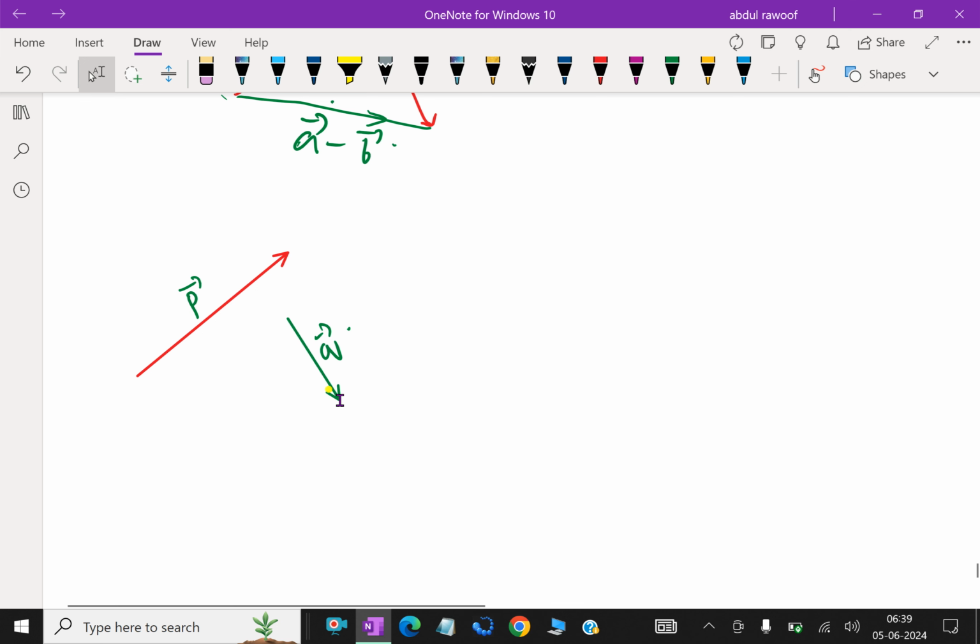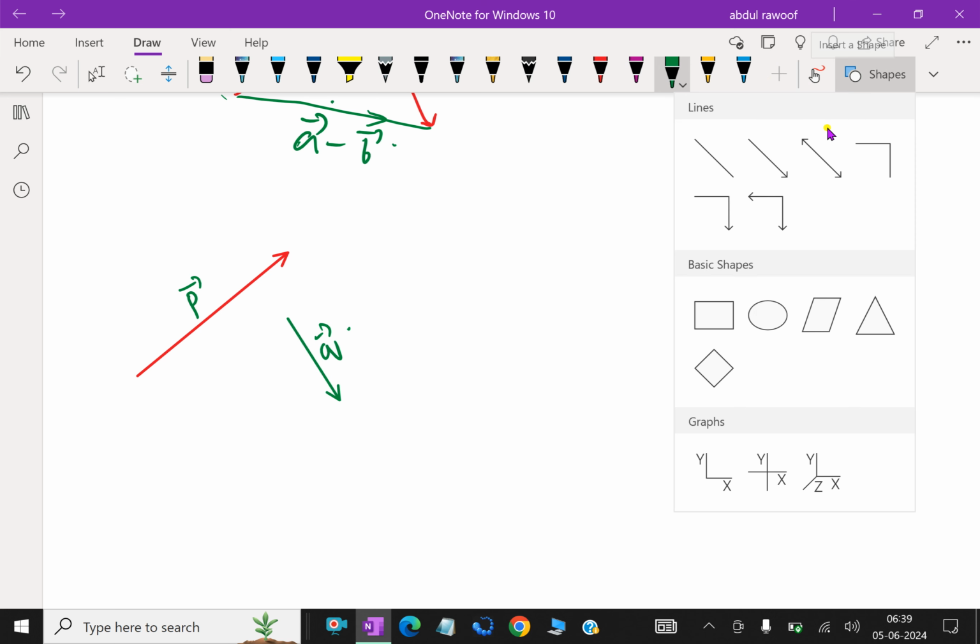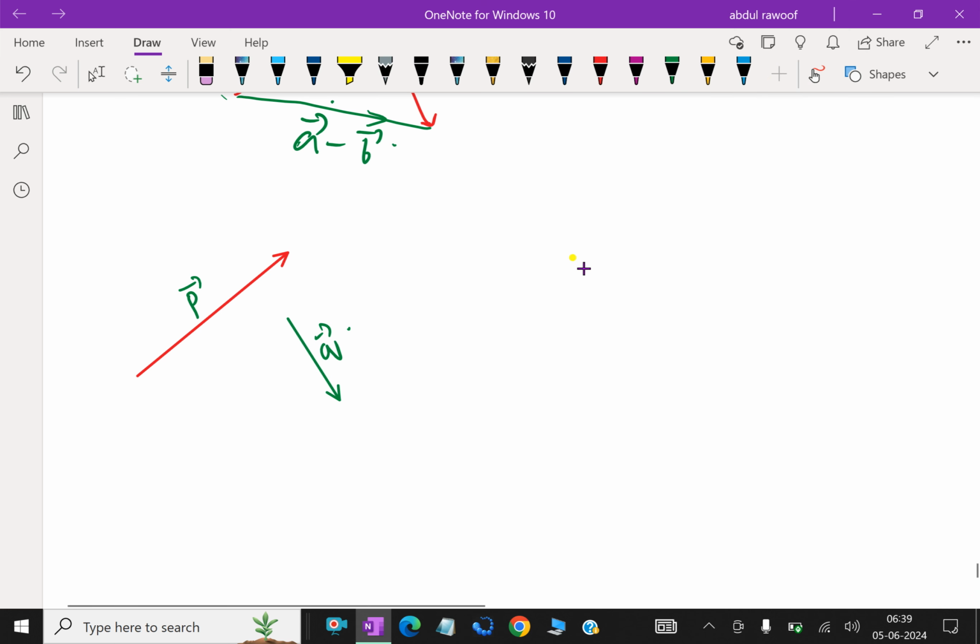That means this vector Q is in this direction, then we have to draw the opposite direction of this vector Q. Look at here.